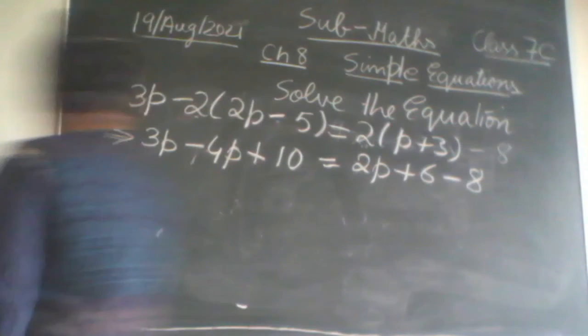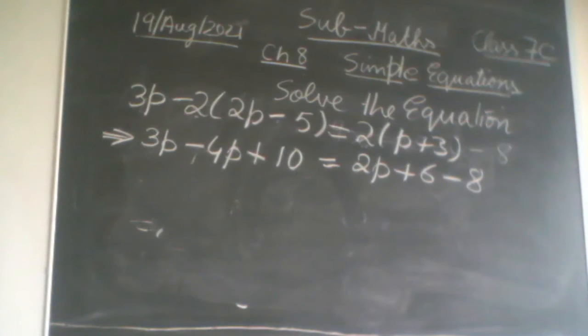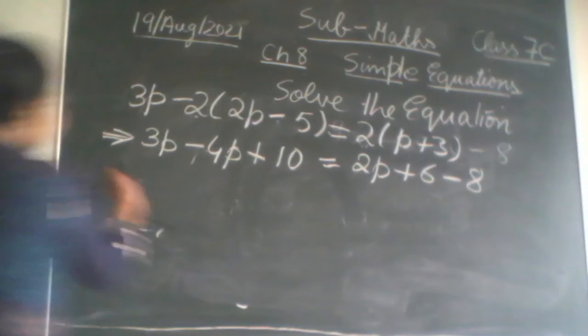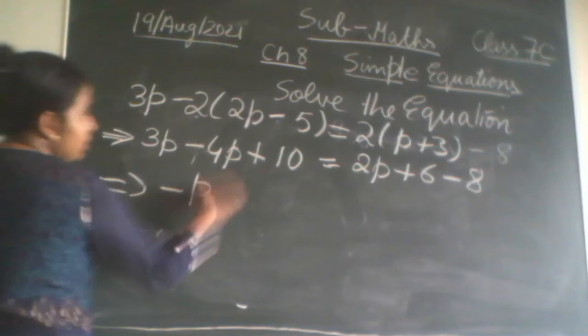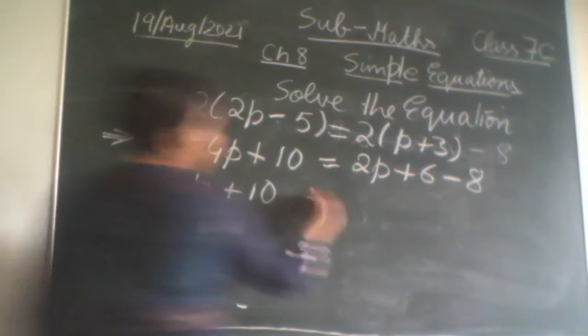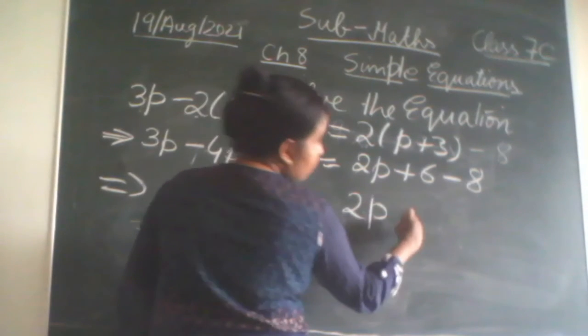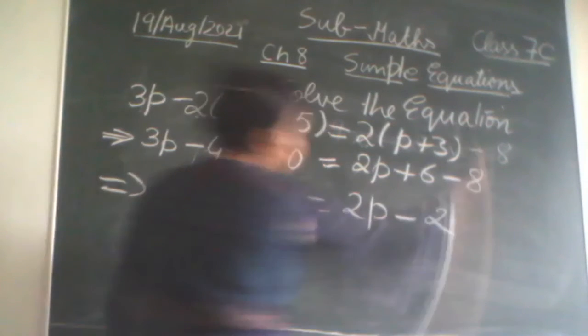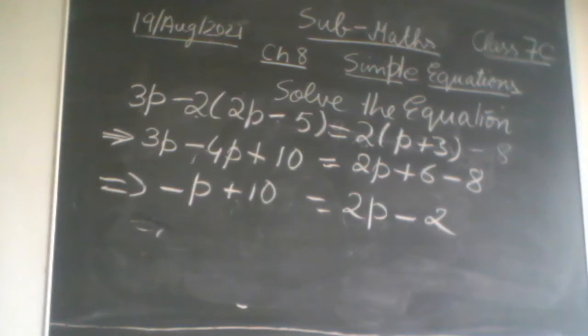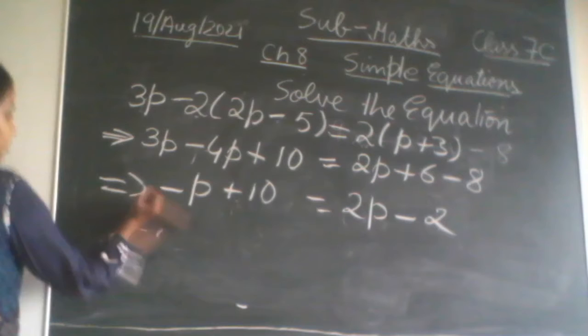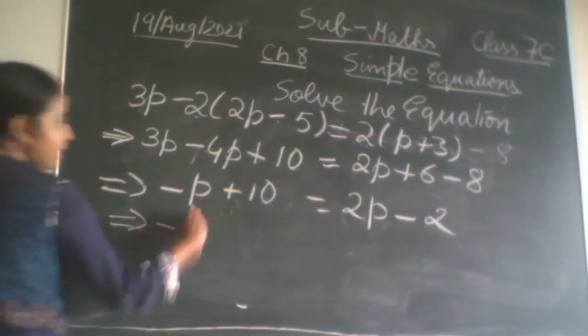Clear? Am I correct? Okay, now minus p plus 10 and here 2p minus 2. Correct? Okay, minus p minus.